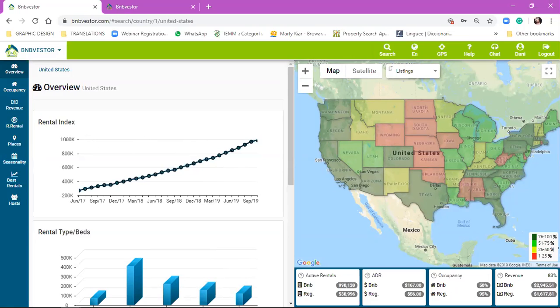Which is going to give you this percentage up here, which is the most important, the additional revenue. So the additional revenue is what you're going to get additional to the regular rental. It means that you're going to receive additionally from the regular rental 83%. Okay, so in this case analyzing, and I'm telling you without even going into the system and deeper, what's best to do as a business.